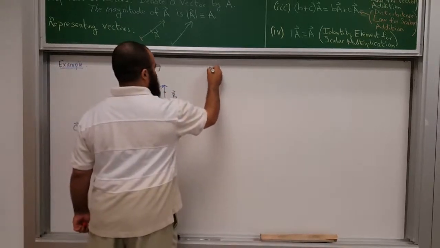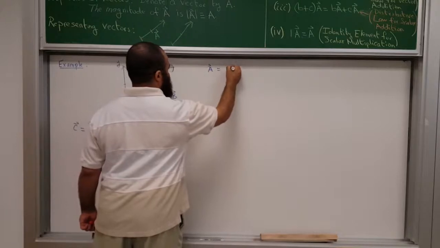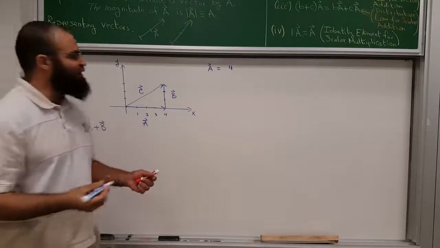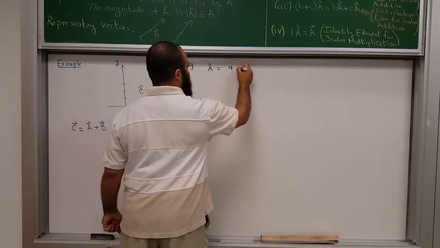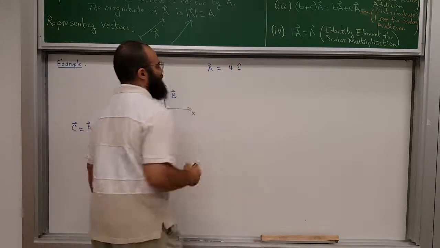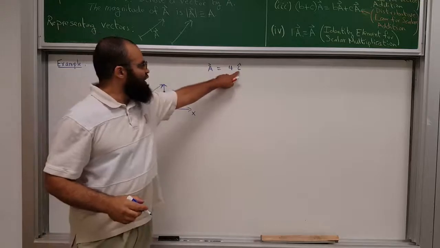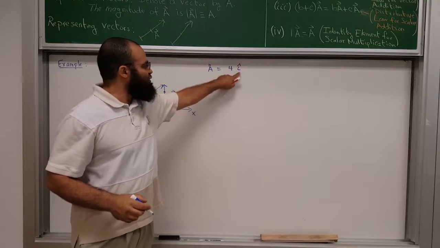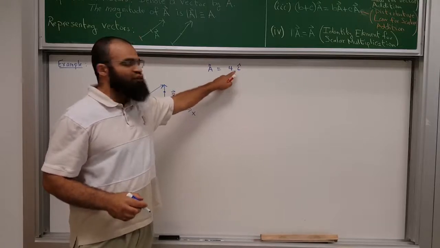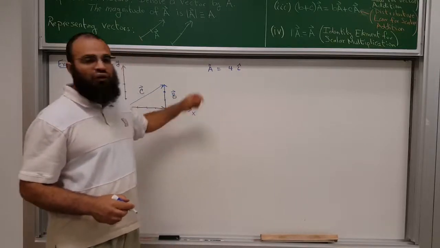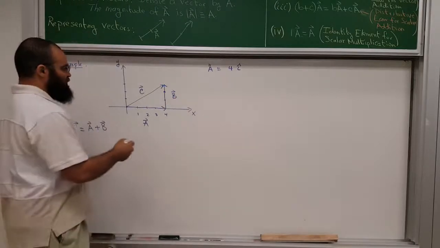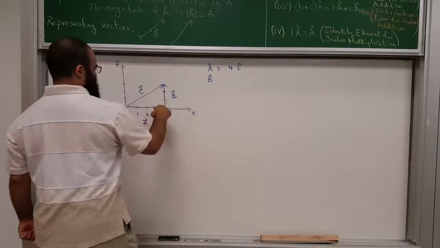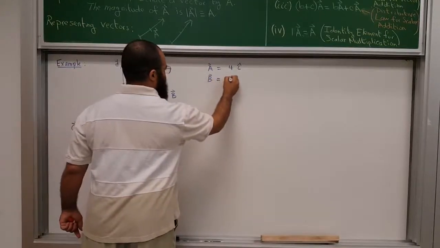We give the x direction the letter i with a hat. This is a vector that's 1 unit long along the x direction. So 4 times the unit vector in the x direction gives you a 4 unit long vector along the x direction.